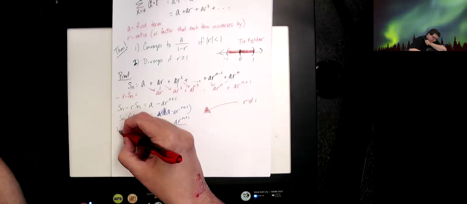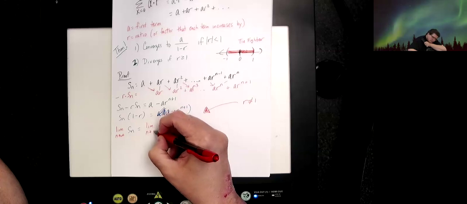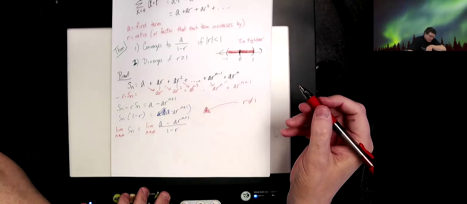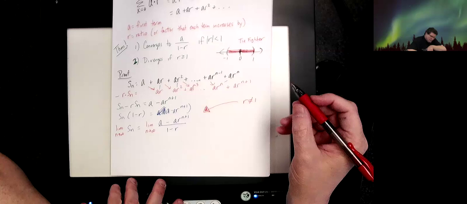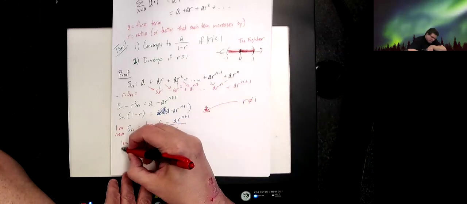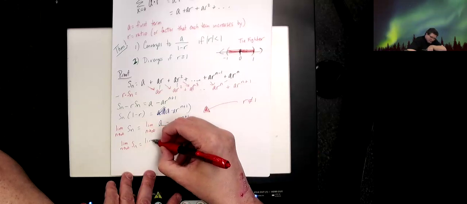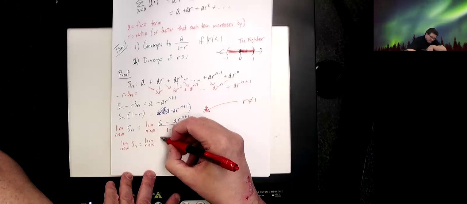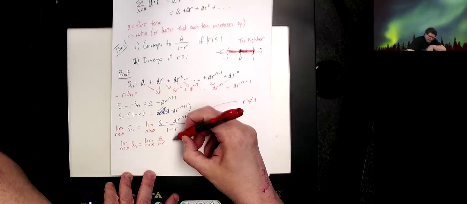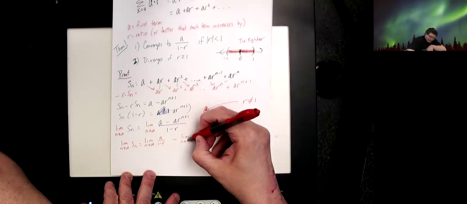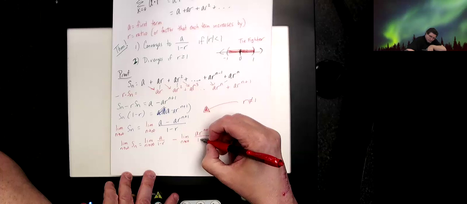And if we take the limit of both sides, we now have the limit as n goes to infinity of S sub n. I'm going to separate this into 2 fractions. Limit as n goes to infinity of a over 1 minus r, minus the limit as n goes to infinity of ar to the n plus 1 over 1 minus r.